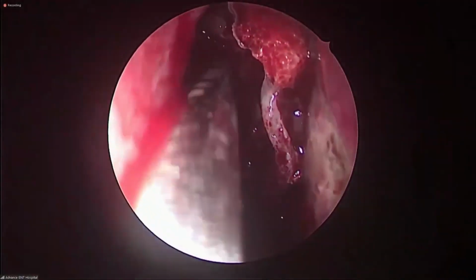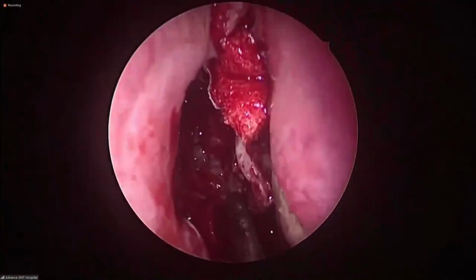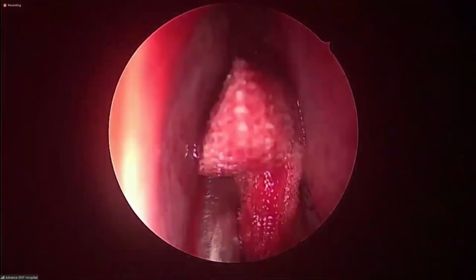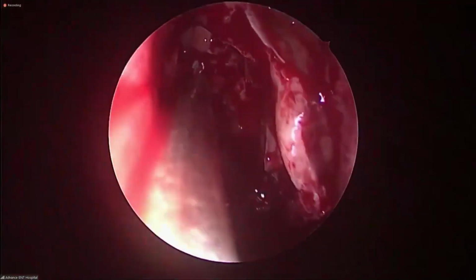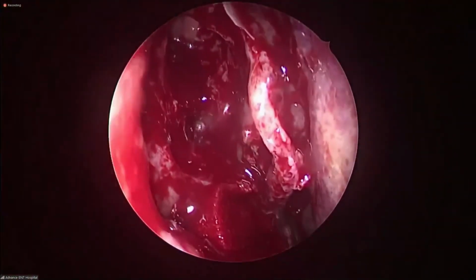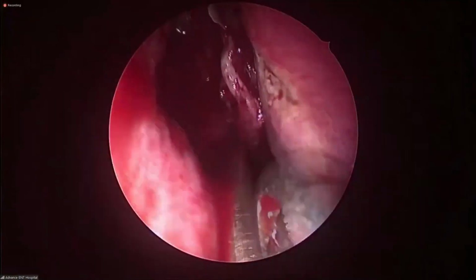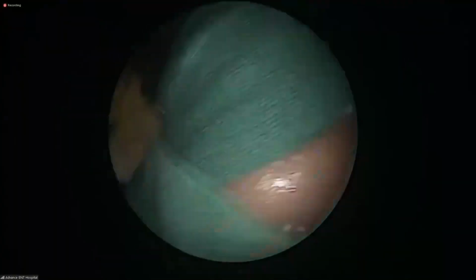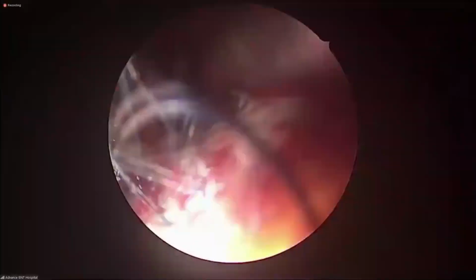See this? Yes. See this? Yes, sir. Lateral wall is clear. You can orient yourself. Yes, sir.